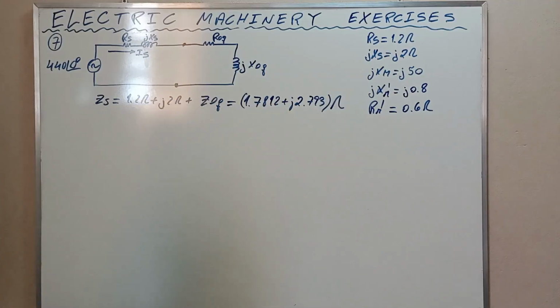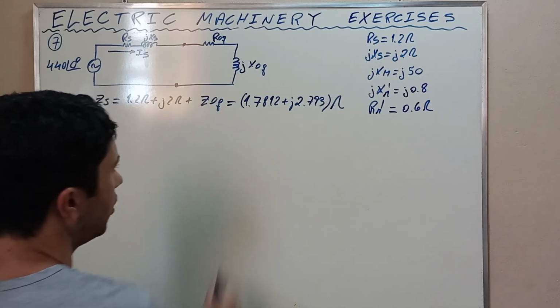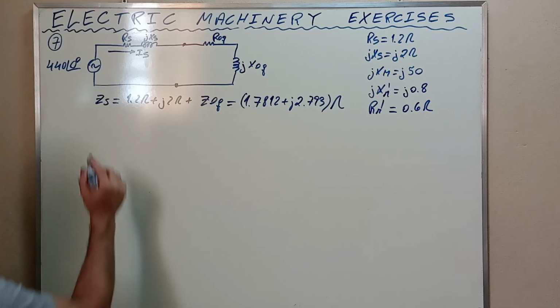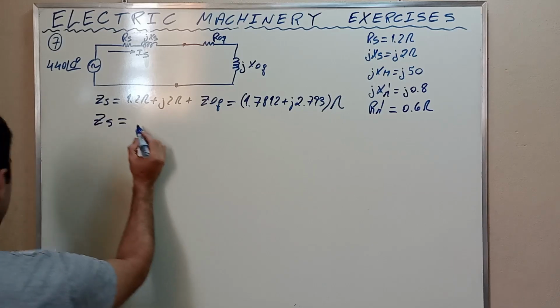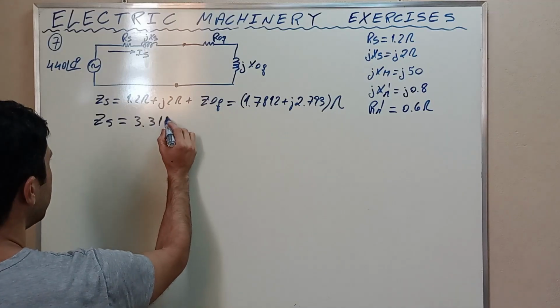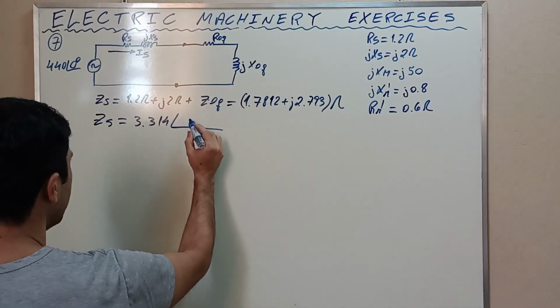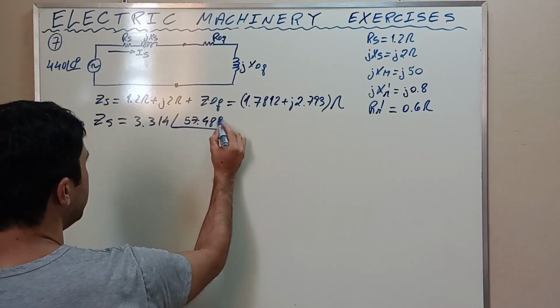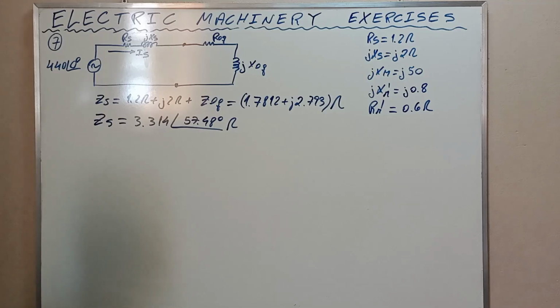This is the impedance seen by the source, in Cartesian representation. Converting it to polar, we find that it is 3.314 at a phase of 57.48 degrees ohms.